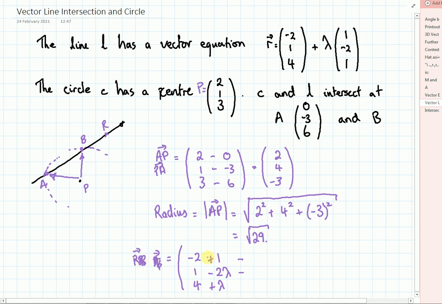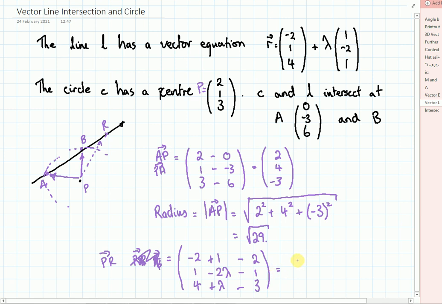So we'll start with P, no, not P to R, P to R, sorry, to give us a position like that. So P to R is the position of R in normal space, centred now on P. So we'll subtract P from it.